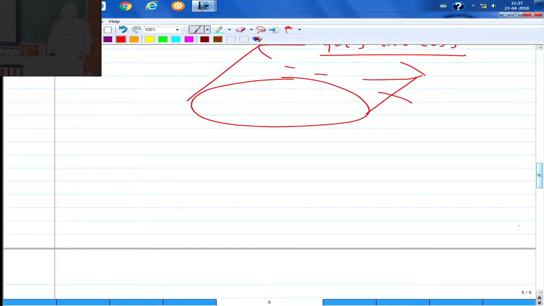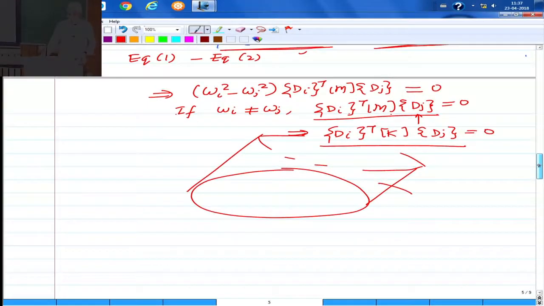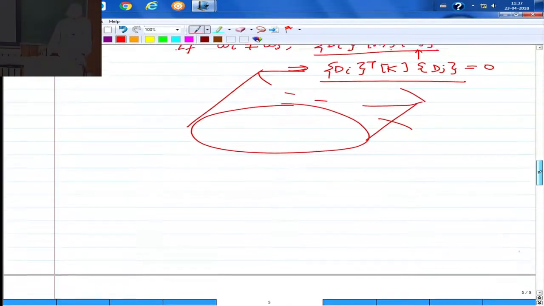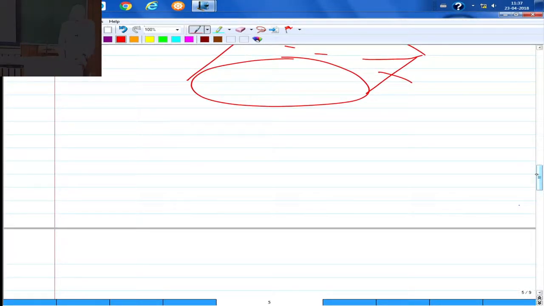And then next, we sometimes make use of this property to extract the eigenvalues and eigenvectors of a given problem. So how do we make use of that? If I construct a matrix, let me call it a modal matrix, phi, consisting of all the eigenvectors of the given problem.